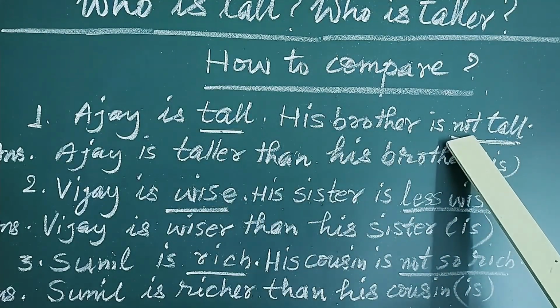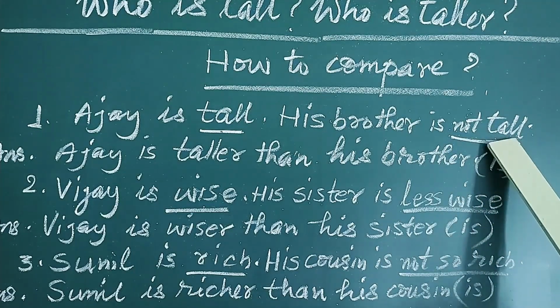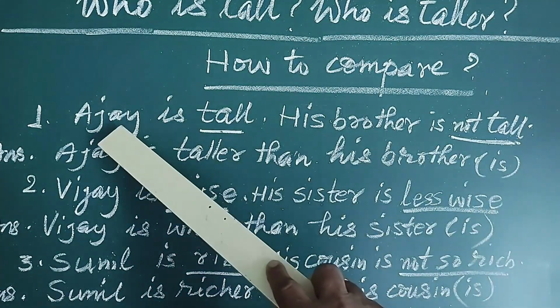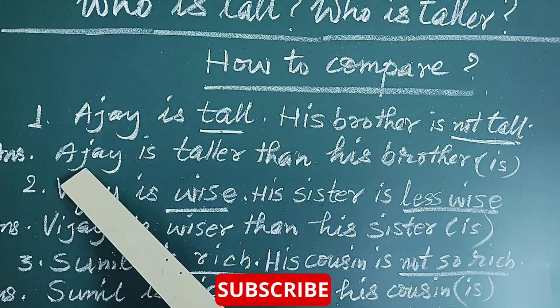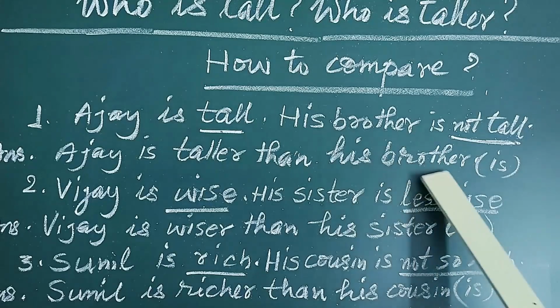Here the negative word not is added to decrease the quality of tall. That means his brother is not tall compared to Ajay. Therefore, we can give the answer as Ajay is taller than his brother.